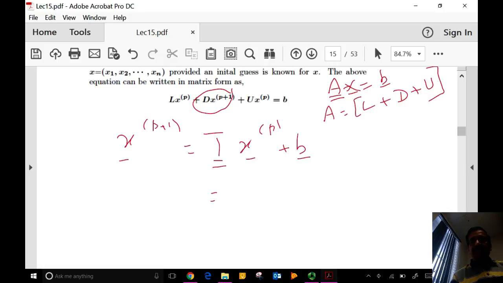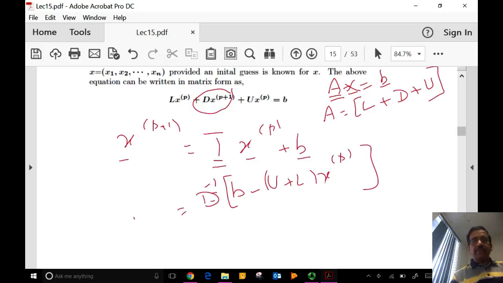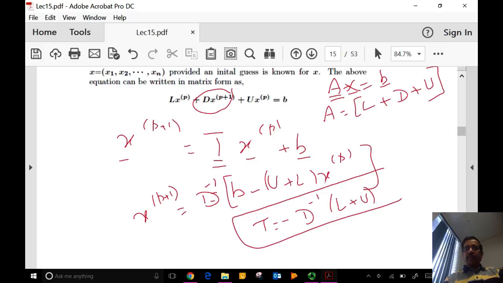So you write this as B minus L plus U at x of p, and then put a D inverse here, and that is equal to x at p plus 1. Okay, so what would T be in this case? Minus D inverse times L plus U. That matrix is constructible once and for all because you know these are all coming just from A, right?